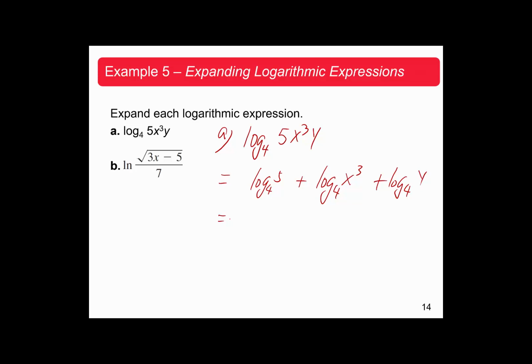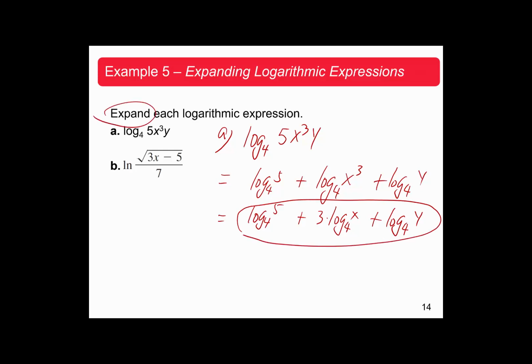Now if you want to simplify further, for the second one you put the power in the front, so it's log 4 5 plus 3 times log 4 x, plus log 4 y. In that case you expand it completely.